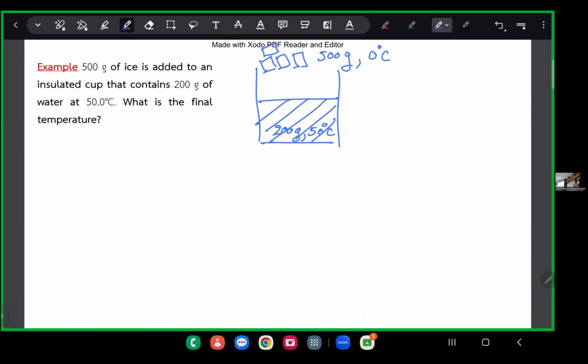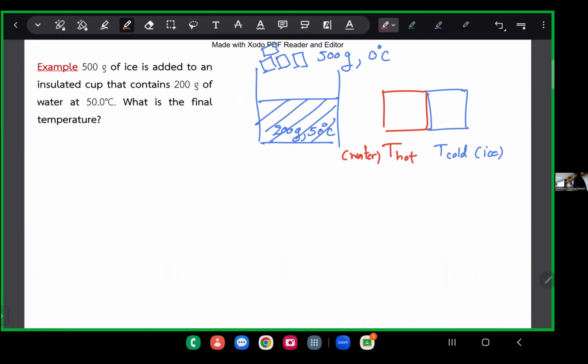All right. This actual scenario translated into this diagram that we just drew. Here we go. The hot one, T hot. The cold one, this is T cold, and this is ice. The hot one, this is water. Make sense? And when you dump ice into the water, you just make thermal contact.